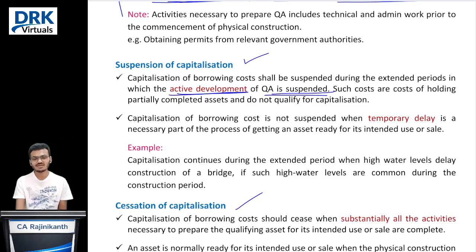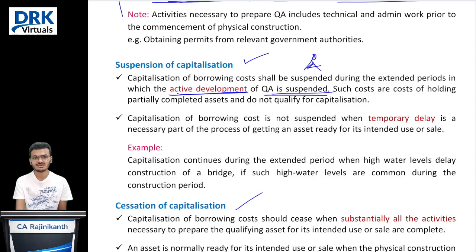For suppose some guy filed a petition in High Court. High Court stayed construction of our qualifying asset. Judgment takes 6 months time to deliver. So during that 6 months, we are not constructing, correct? Active development of the qualifying asset is suspended. So we should also suspend the capitalization of interest. We should charge that interest to profit and loss account as an expense instead of capitalization.